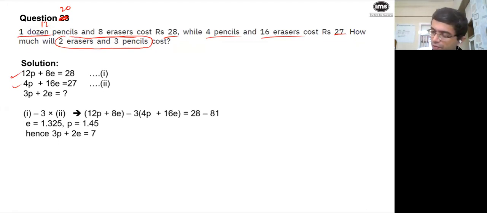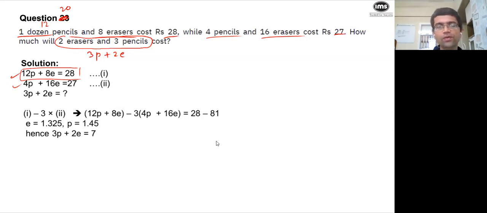If I read it in reverse, it looks like 3p plus 2e, which is not different. I already know 12p plus 8e is 28. What do I need for 3p plus 2e? Do I need to solve everything or not?